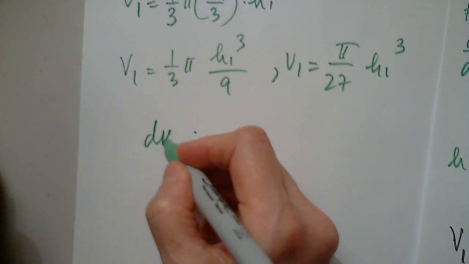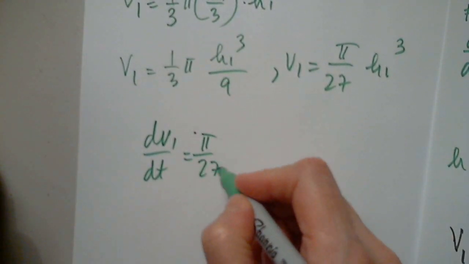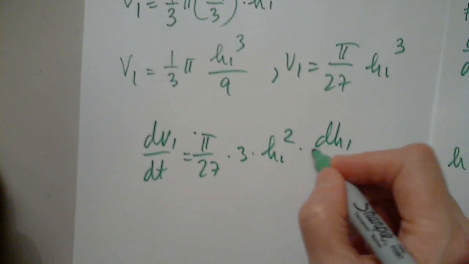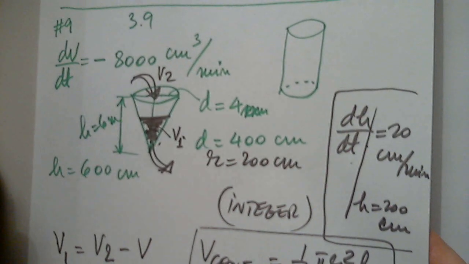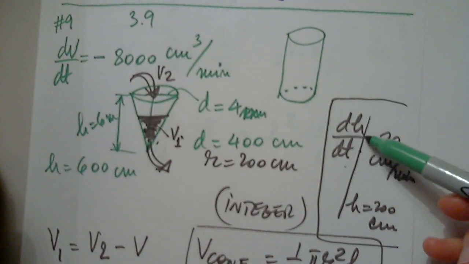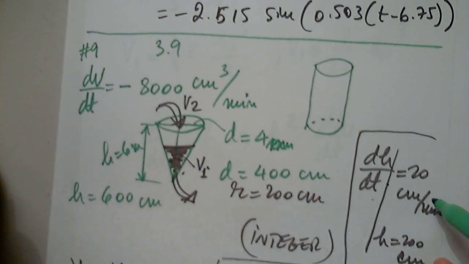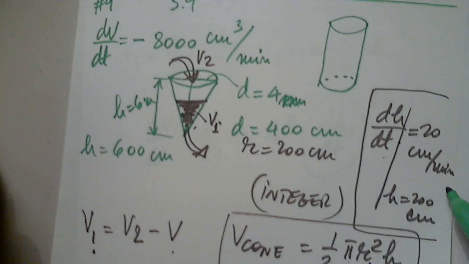So dV1 over dt equals pi over 27 times 3 times H1 squared times dH1 over dt. This is 20 centimeters per minute.